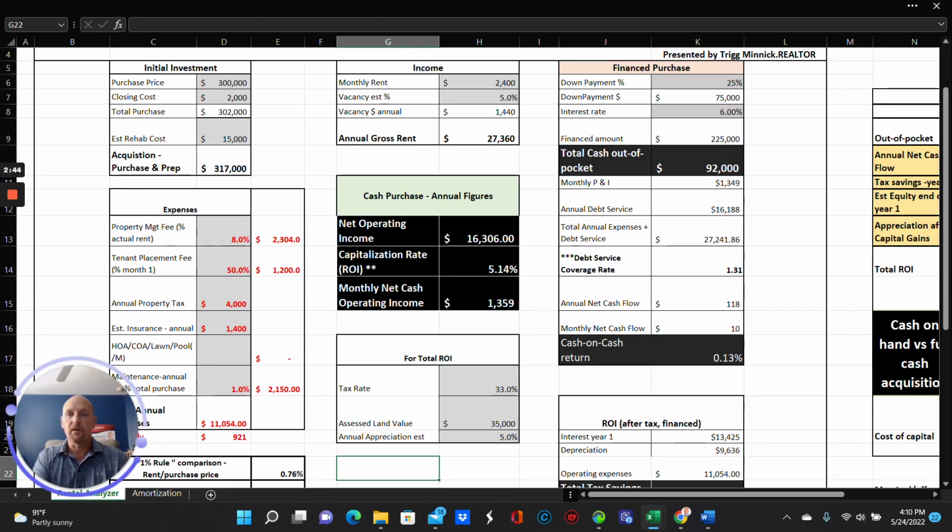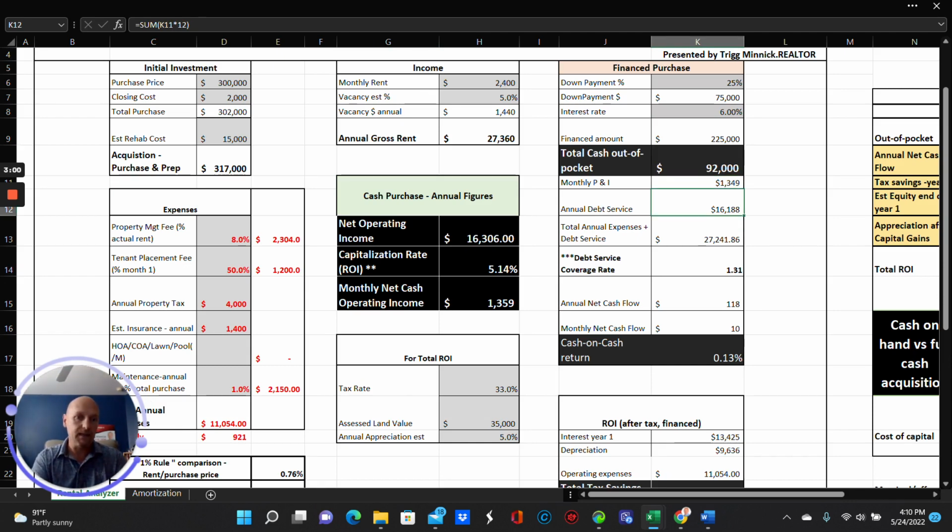Now, when we go to financing, we're going to break that down to what our down payment is. Typically, investor lenders are going to be looking for 20-25% down. So that's what we put in here, and it'll tell us our cash out of pocket, our monthly payment, and from that, we're also going to look at our annualized debt service.